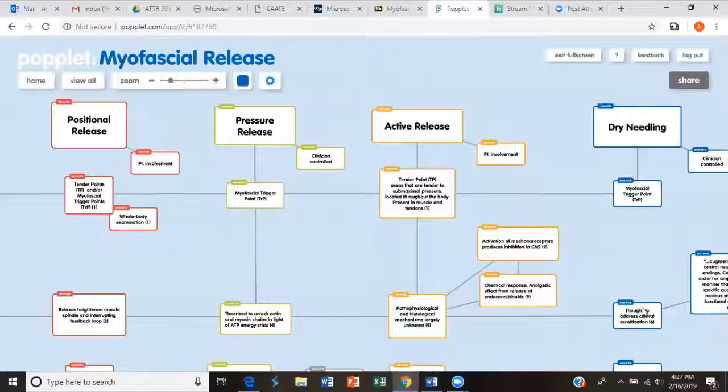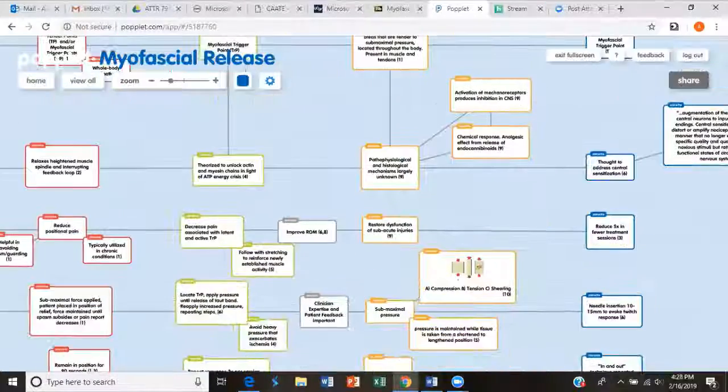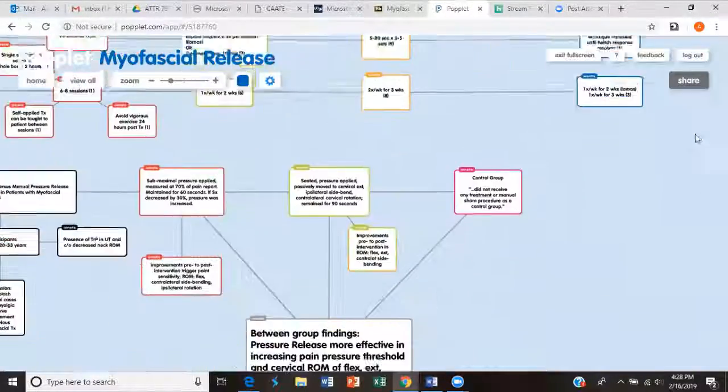Whereas I do have a lot of experience with pressure release and active release, so I do feel comfortable explaining the treatment method and application of it to patients I may work with. Positional release is one that I've attempted for a few different body parts, but it is one that I typically do not gravitate towards. So I would need to practice this more before applying it to the patient population.